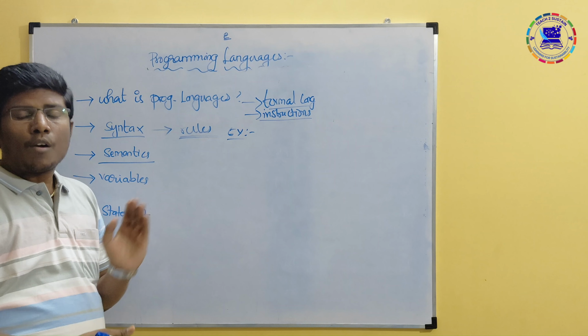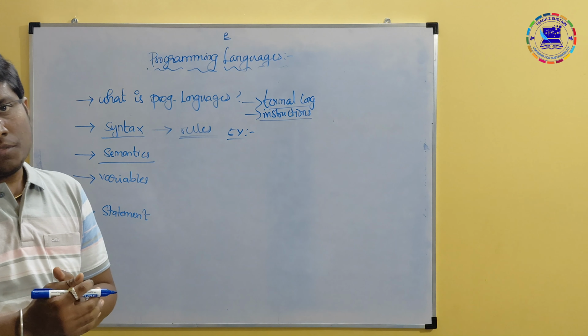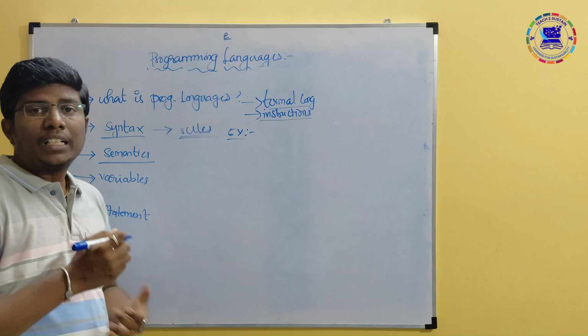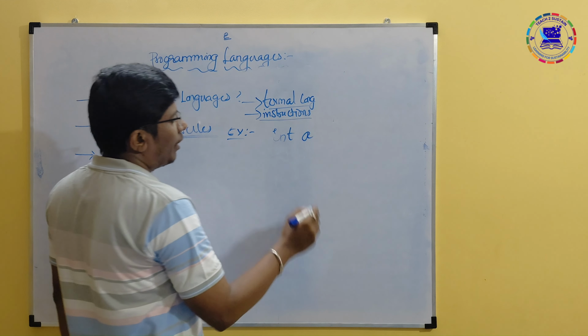Coming to the syntax. Syntax is a set of grammatical rules which defines how programs are to be written in programming languages. These are the rules of how to write a program. For example, if you want to declare a variable in C language, we can declare it as int a.